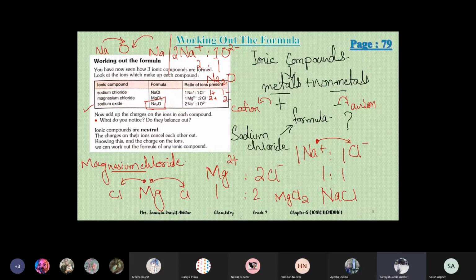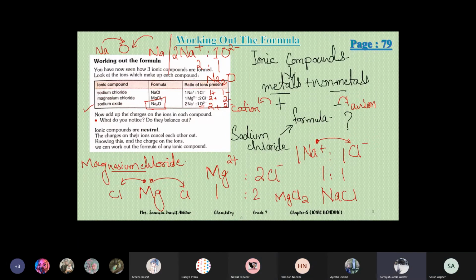And in sodium oxide also, there is sodium with positive sign and there are 2 sodium atoms, so plus charge 2, and oxide 2 minus. They are also balanced. So in an ionic compound, the positive and negative charges are always balanced. Teacher, why in sodium oxide will sodium have a 2 plus charge? No, it's not 2 plus actually.